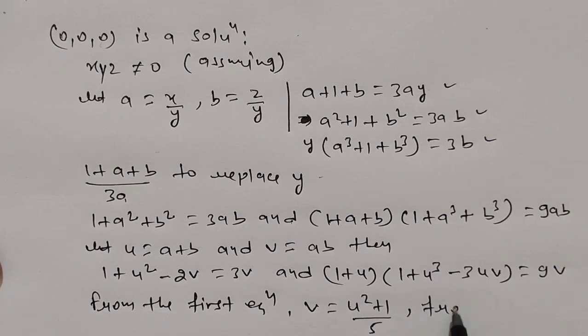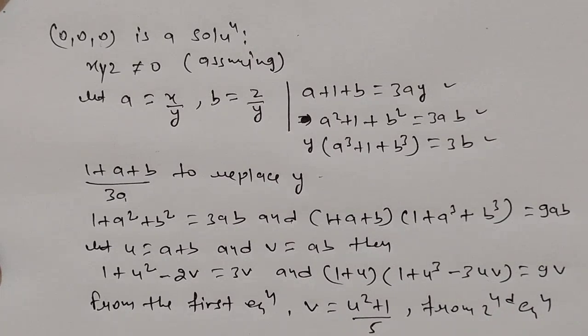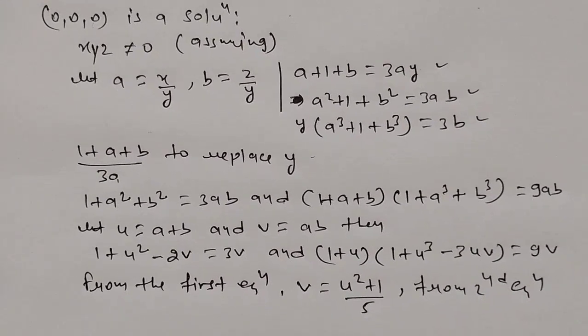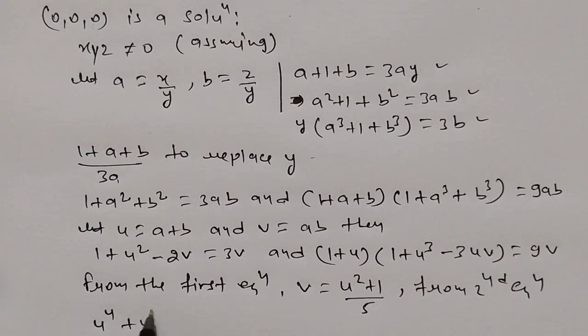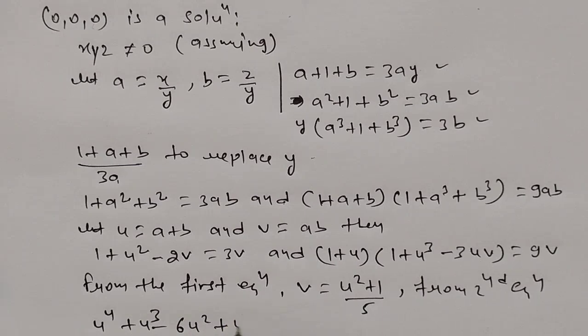And from the second equation we can write u to the power 4 plus u cube minus 6u square plus u minus 2 equal to 0.